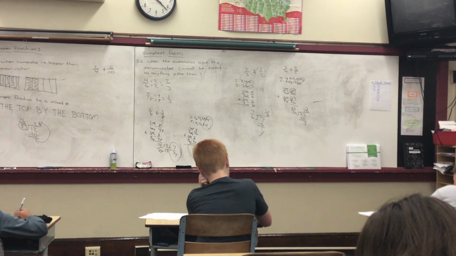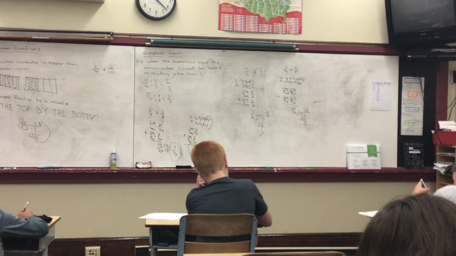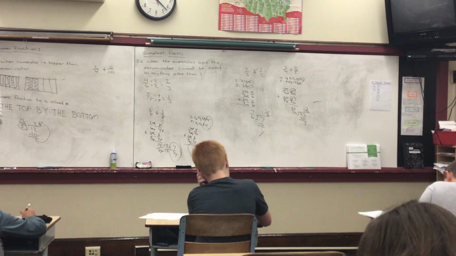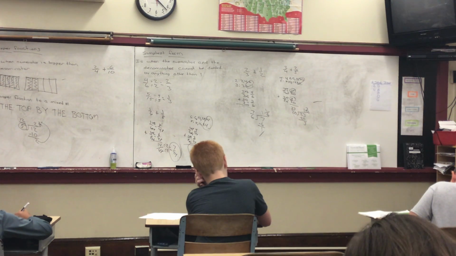Don't be afraid to put that times 2 with the top number there again. That way you're sure that you're multiplying them both by the same thing.